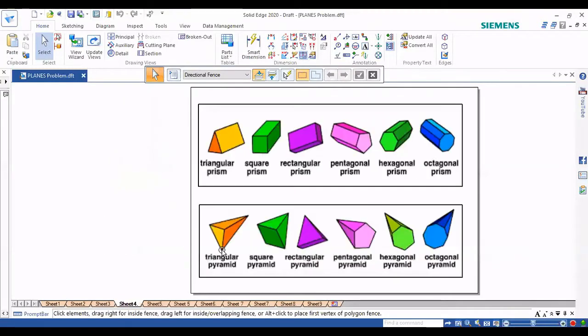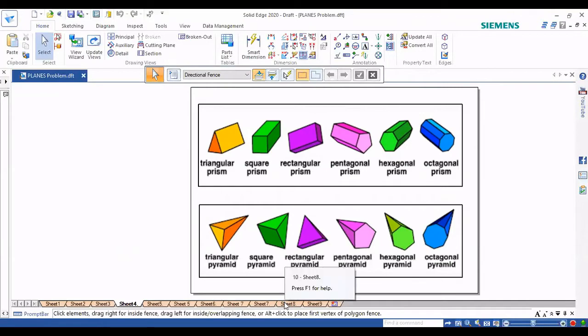Next, if you consider different types of pyramids, we have a triangular pyramid, square pyramid, rectangular pyramid, pentagon pyramid, hexagon pyramid, octagonal pyramid. So depending upon the base structure, the pyramid varies, right?